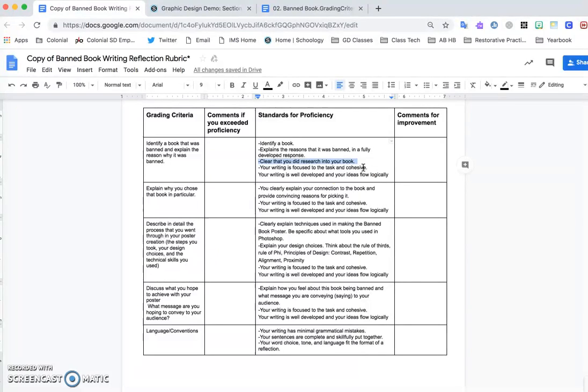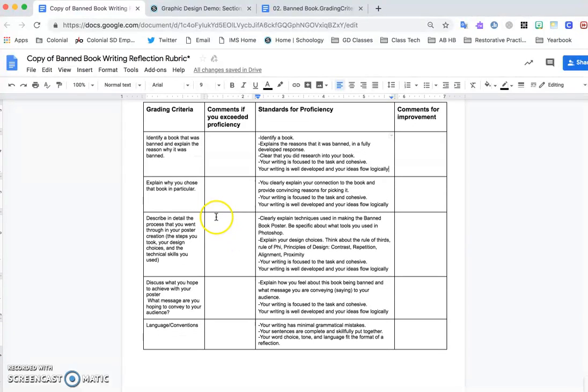Your writing is focused to the task and cohesive, and your writing is well developed and your ideas flow logically. Again, if you meet these, then you'll be right in the middle of the road. If you're missing anything, I'll put comments over here, and if you exceed that, I'll make comments over here for you as well.